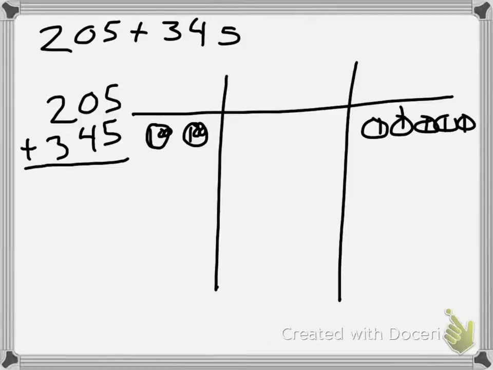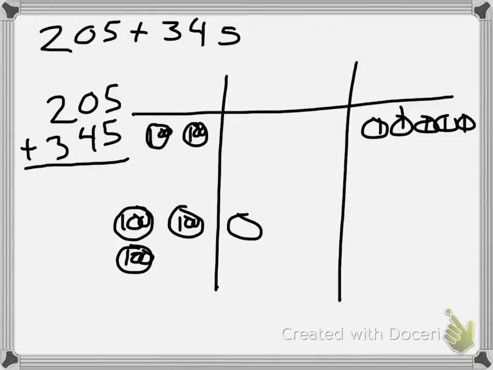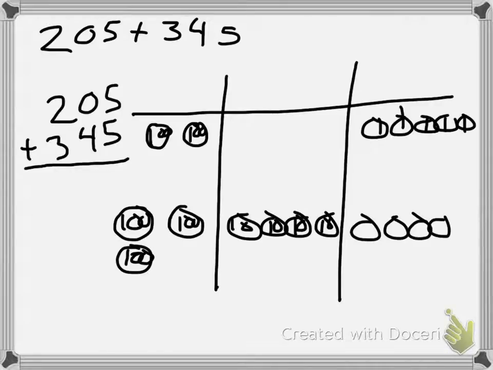And then I've got 100, 200, 300, 2, 3, and 45. 1, 2, 3, 4, 5.